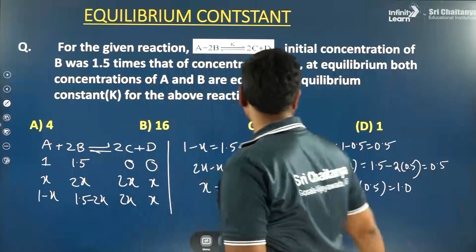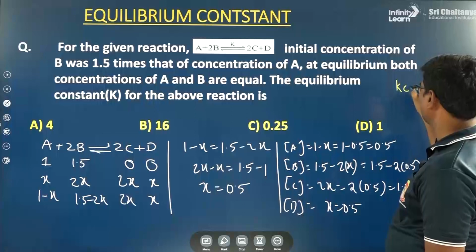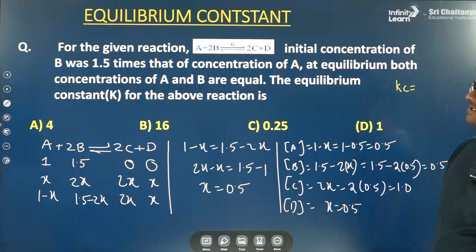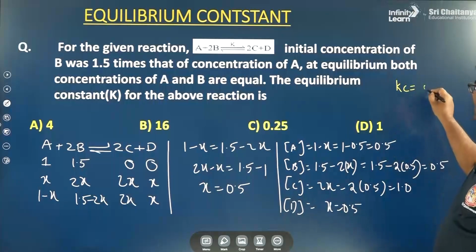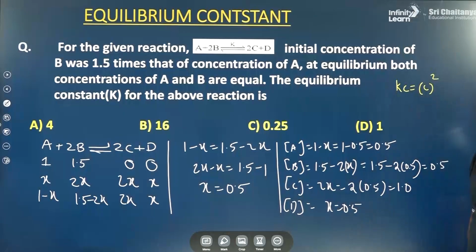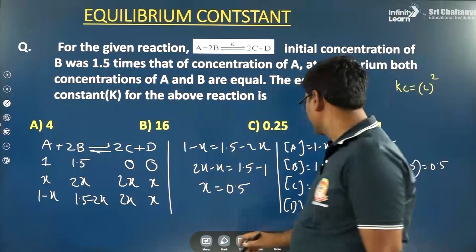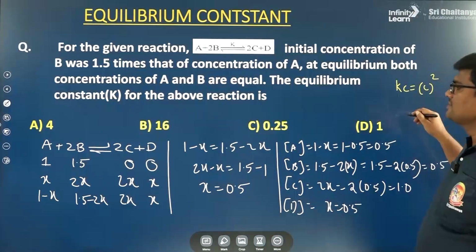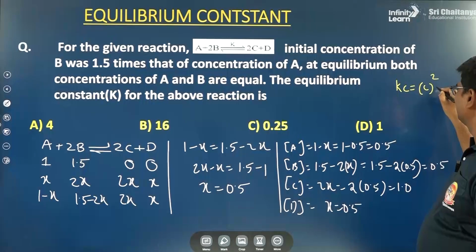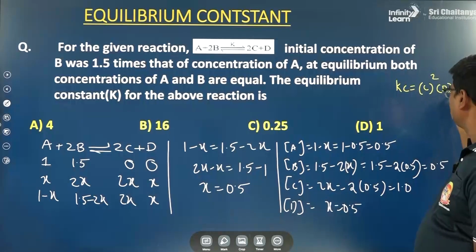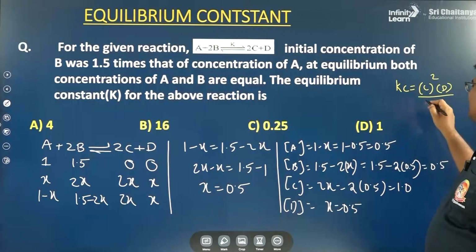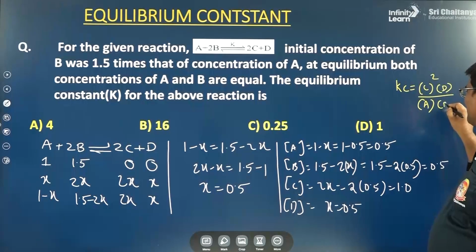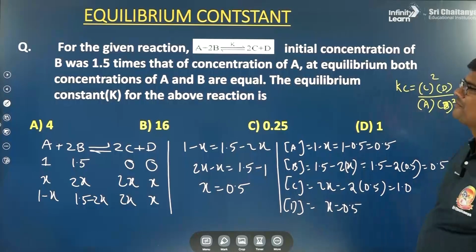The Kc expression is the concentration of C squared into the concentration of D, divided by the concentration of A into the concentration of B squared.